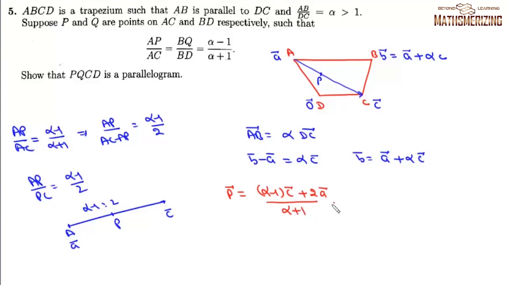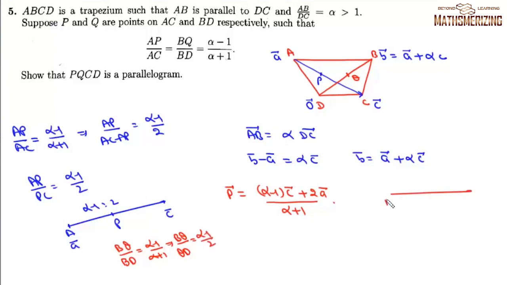Now we are also given that there is a point Q on BD such that BQ upon BD is alpha minus 1 upon alpha plus 1. And in the same way as we did previously, we can write BQ upon QD is alpha minus 1 upon 2.